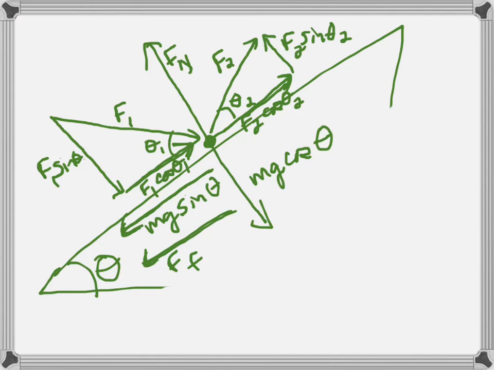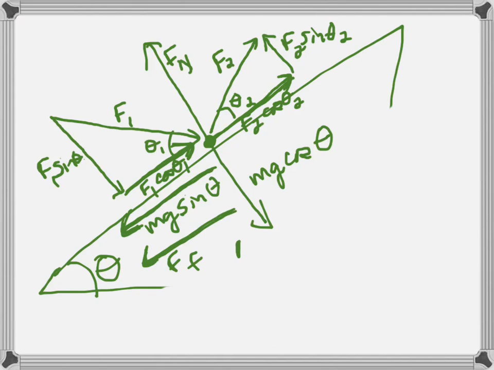And if this is a constant velocity, let's make this really difficult. Let's say it's accelerating upwards. If it's accelerating upwards, that means this force plus this force should be greater than this force plus this force. I should have a net force in the up direction, right? So I'd have a really big equation here.